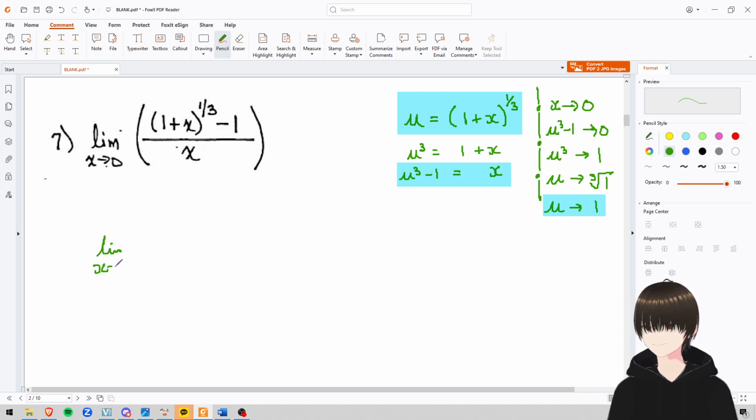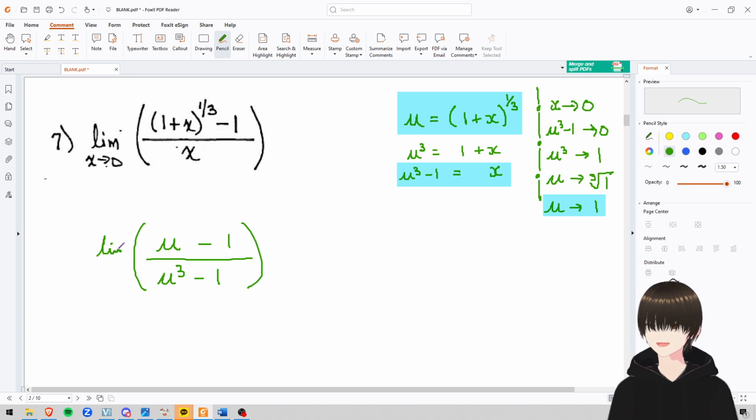Limit as x approaches 0, let's do the limit first. I've got 1 plus x to the power of 1 over 3 minus 1, which is the same as u minus 1, over x, which is the same as u cubed minus 1, and the limit is u approaching 1. Did I substitute correctly?